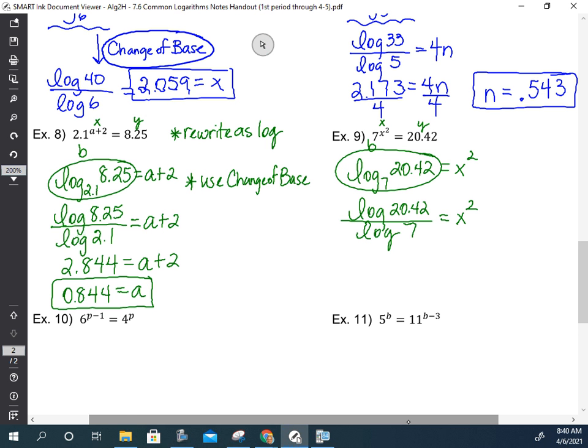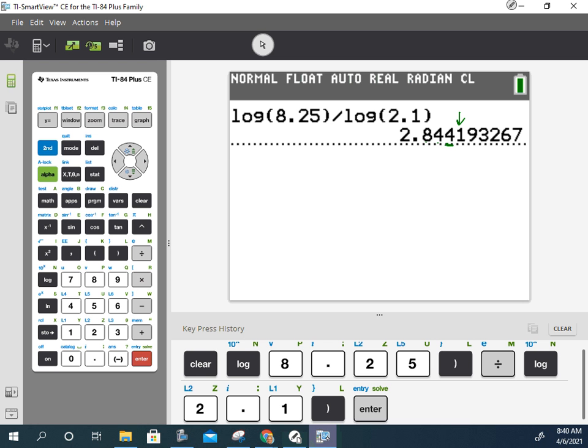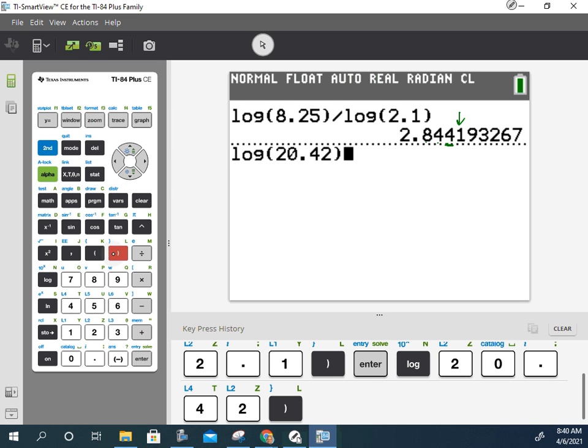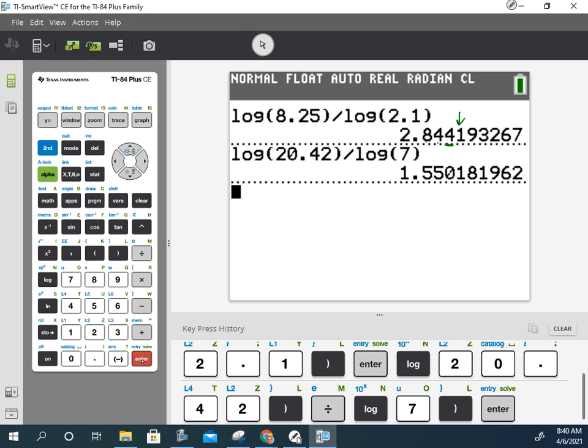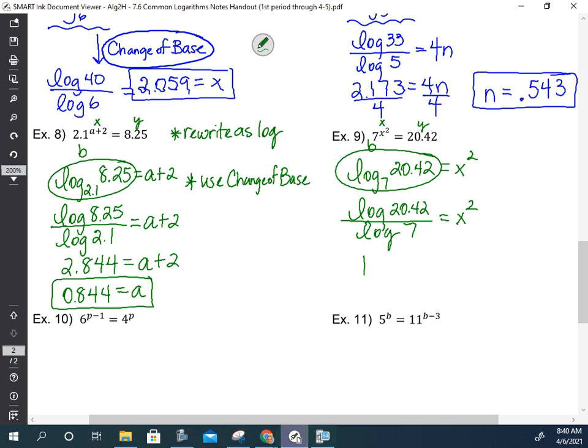So now we let the calculator do its work. Log 20.42 divided by log of 7. Make sure I type everything in correctly. So 1.550 equals x squared.